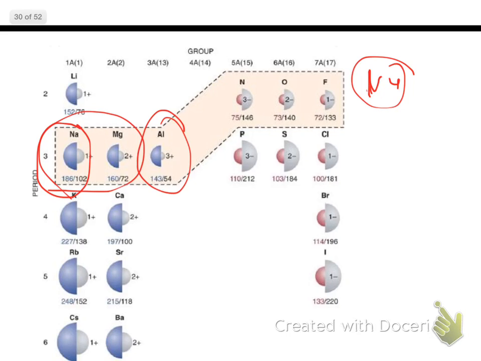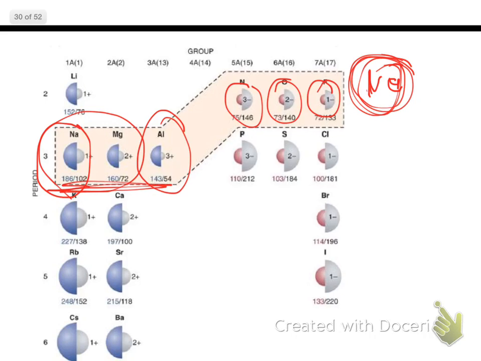If aluminum loses its 3 electrons, it also becomes like neon. Likewise, if fluorine adds an electron, it also becomes like neon. Oxygen gains 2 electrons, becomes like neon. Nitrogen gains 3 electrons, it becomes like neon. So here I end up with all of these having the same exact configuration as neon.